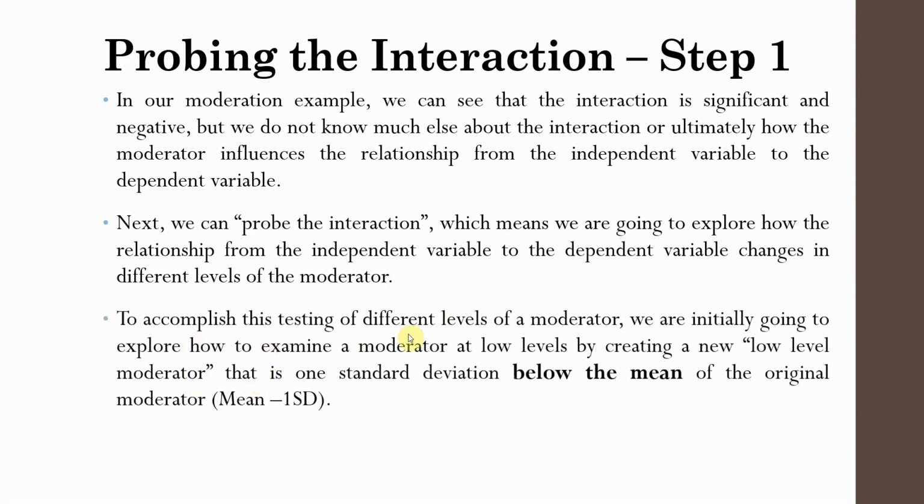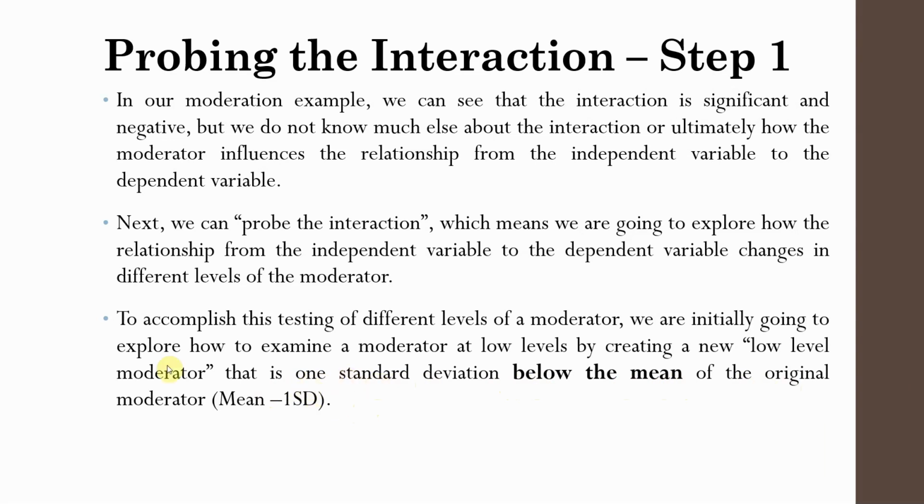Now, to accomplish this testing at different levels of the moderator, we are initially going to explore how to examine a moderator at low levels, by creating a new low-level moderator variable. What we need to do for this is one standard deviation below the mean of the original moderator.